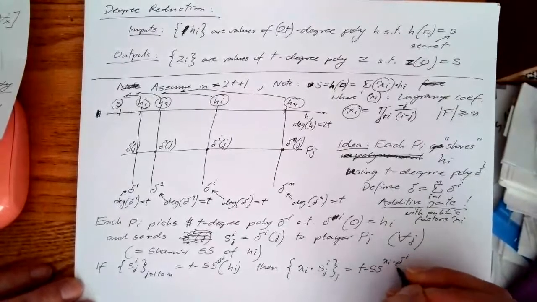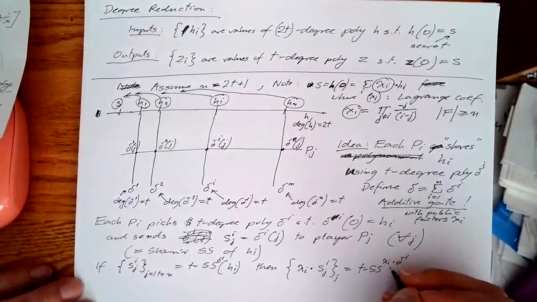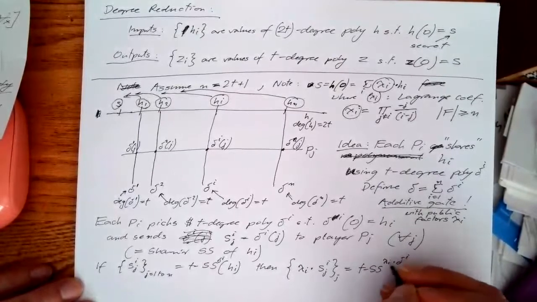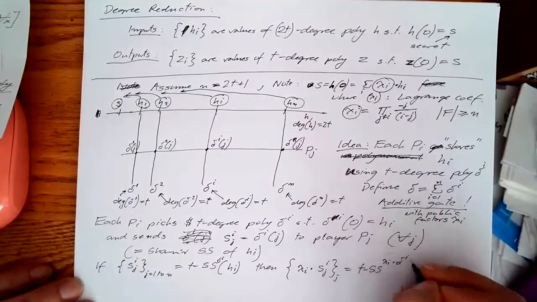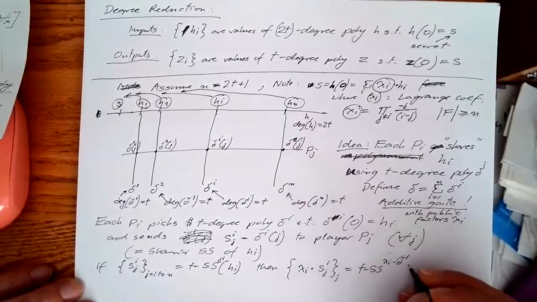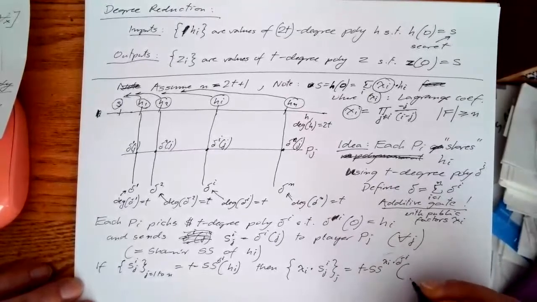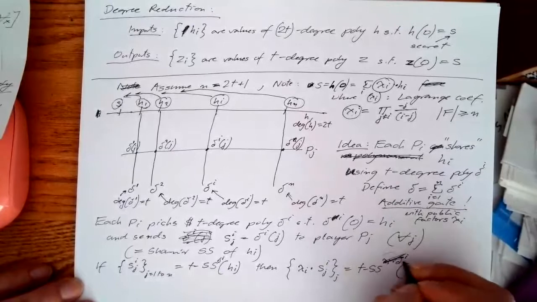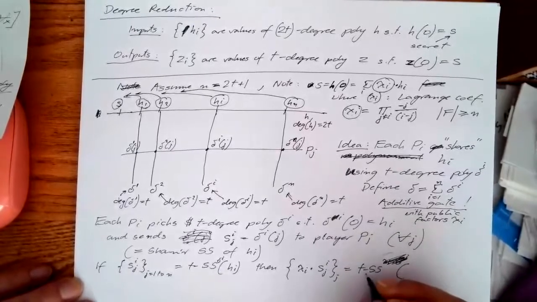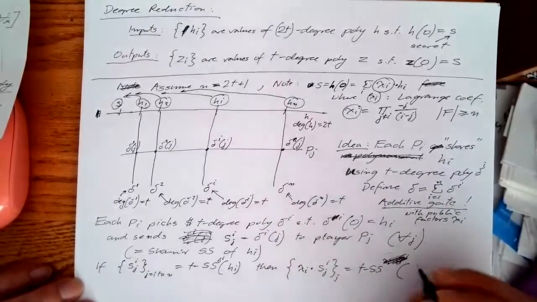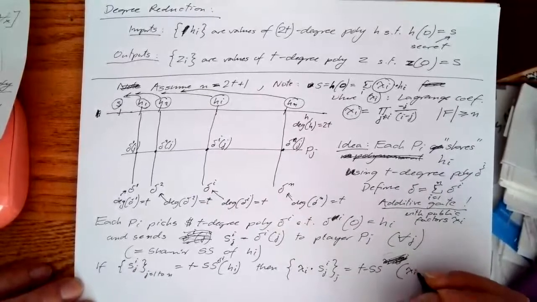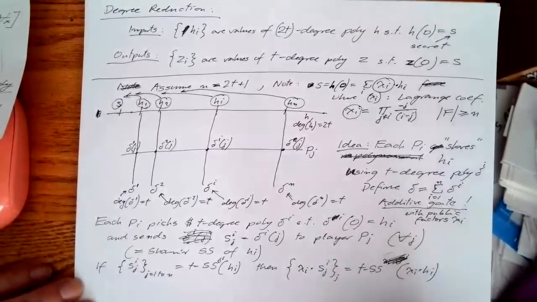I can multiply a polynomial by a constant. Every coefficient is multiplied by this constant. At every point, the value of this is the value of that times this constant. You know what? I don't care what polynomial this is. It is a t-degree secret sharing of a value which is alpha i times hi, right?